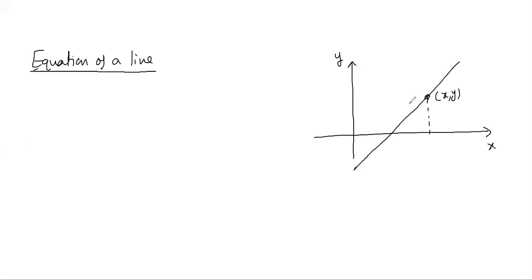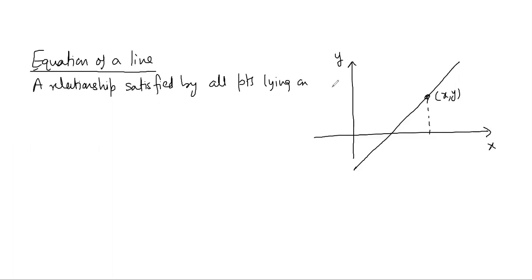So the equation is nothing but a relationship between the x and y coordinates, satisfied by all the points lying on the line.